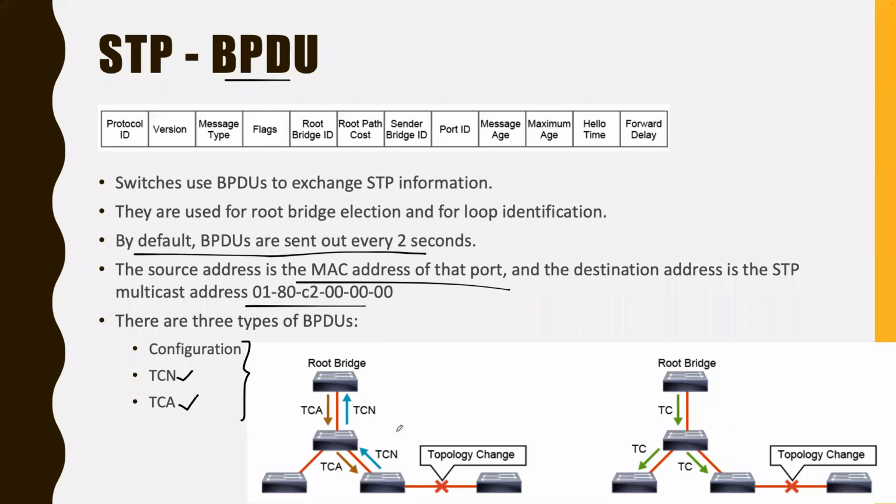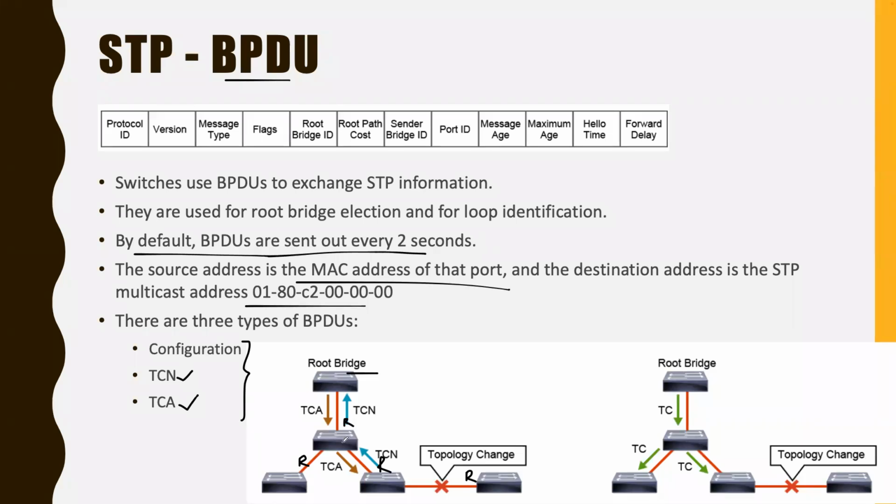In a normal STP operation, as we have seen, each switch would have one of its ports as the root port. Let's say this was the root port, and this is your root bridge.